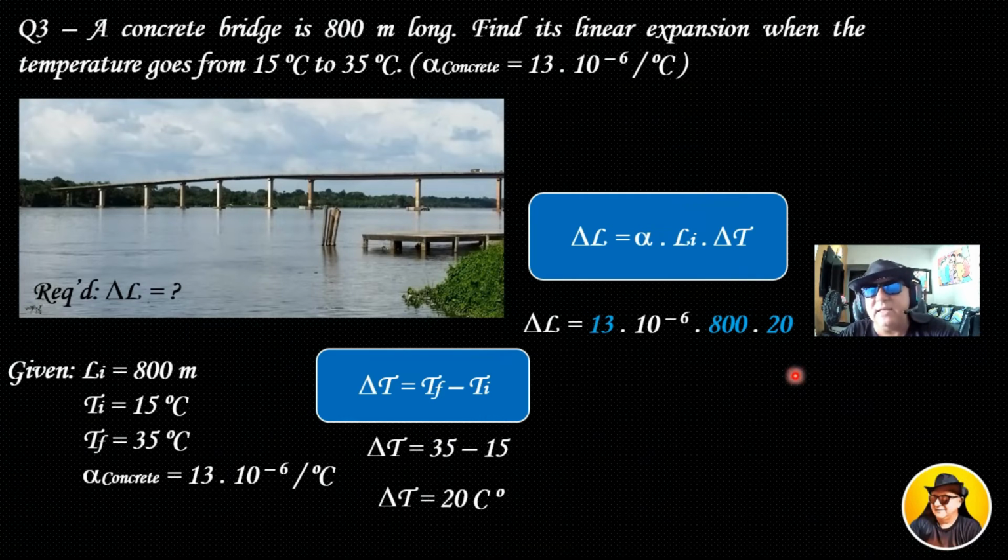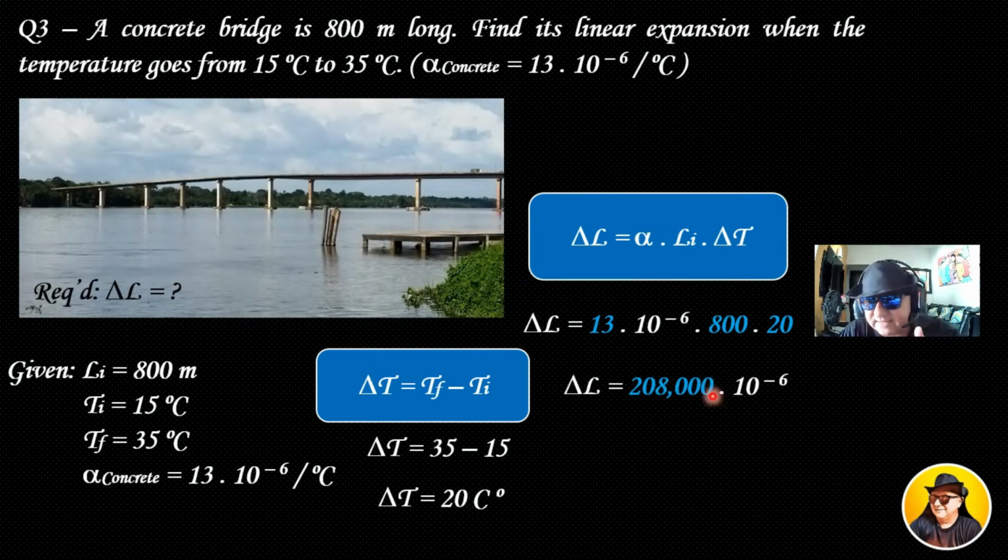13 times 800 times 20 is 208,000, okay? Now, I have to multiply by 10 to minus 6. What it means? It means that I have to move the point 6 spaces to the left. All right, so the point is here.